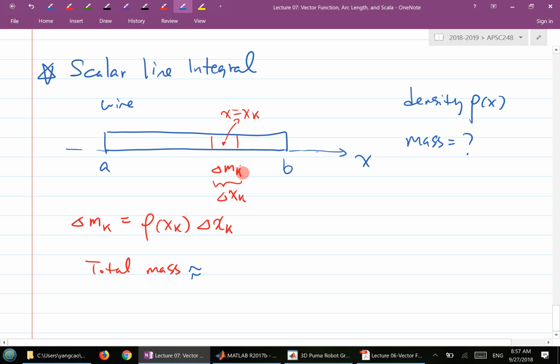Let's say we separate it into n of them. If there are n of these small masses, I simply add them all up. That gives an approximated total mass for that piece of wire, and that's a sound approximation approach.